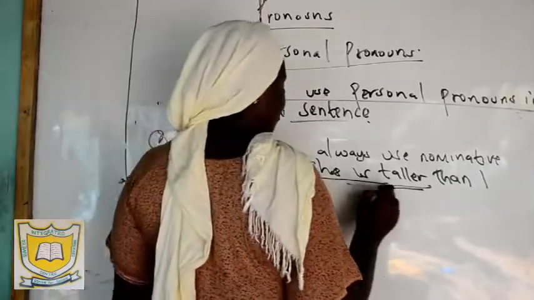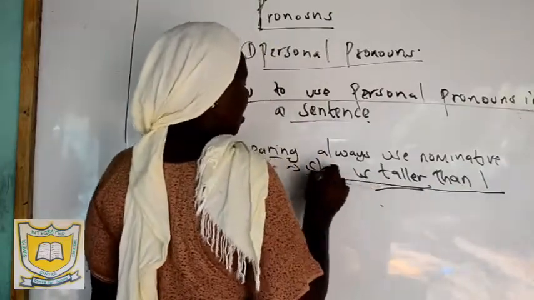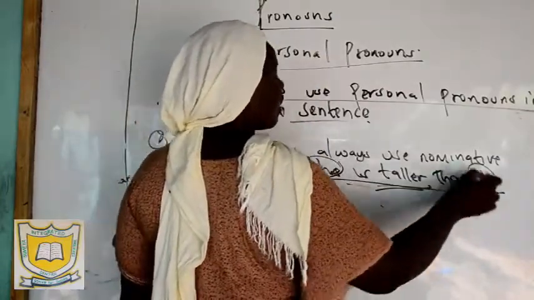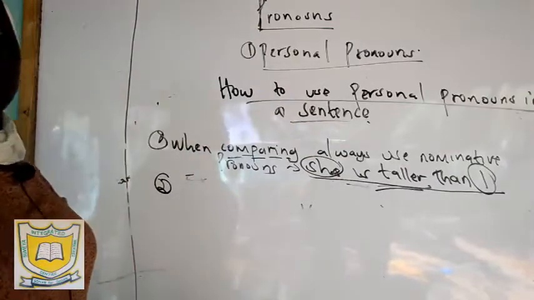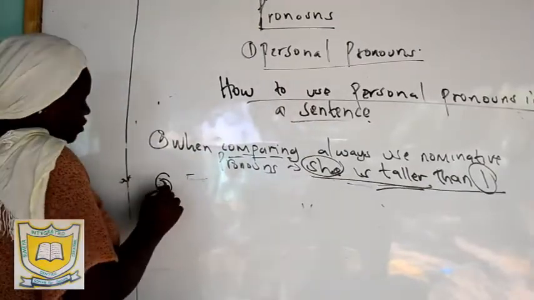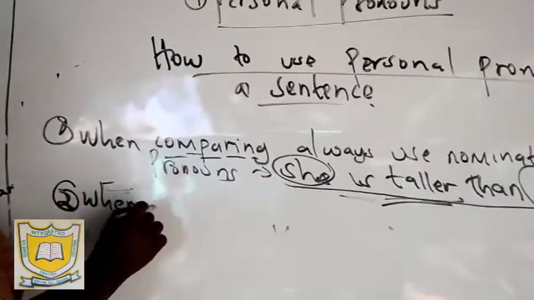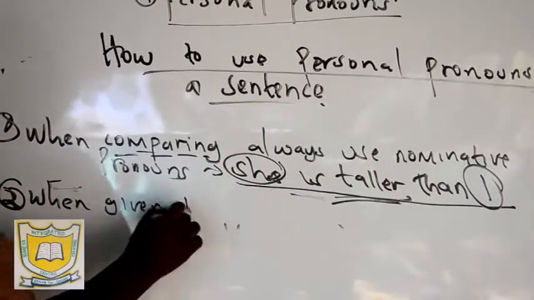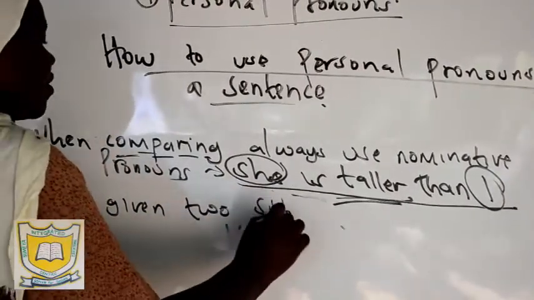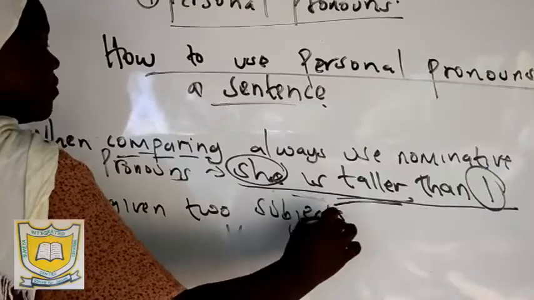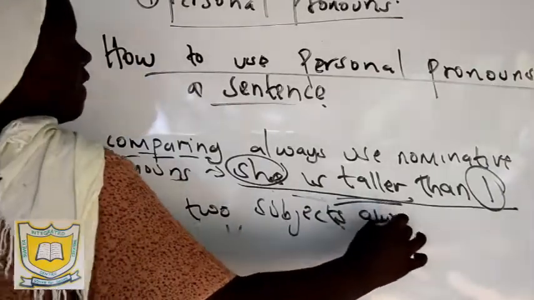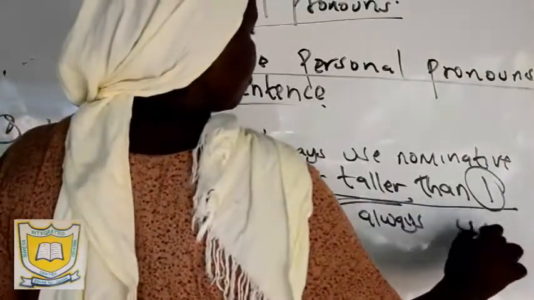You have she, then you have I. Always use the nominative pronoun. And then number two, when given two subjects, always use the nominative pronoun.